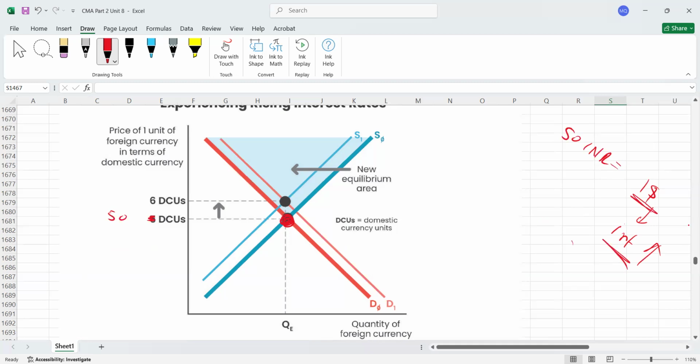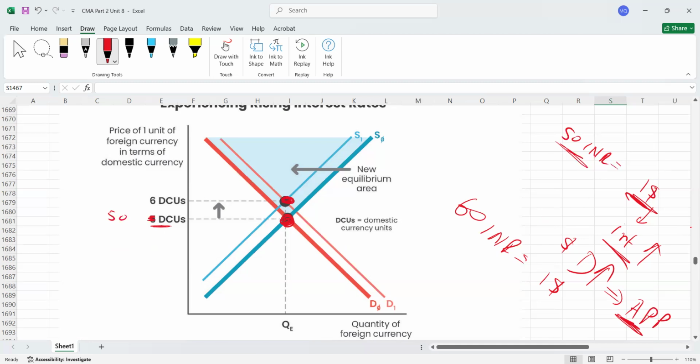So dollar demand will increase and the dollar will appreciate as well. Previously you were paying 50 Indian rupees to buy $1, but now the dollar has appreciated, so maybe you would pay 60 Indian rupees to buy $1. So the new equilibrium point will be a little bit above the old equilibrium point.